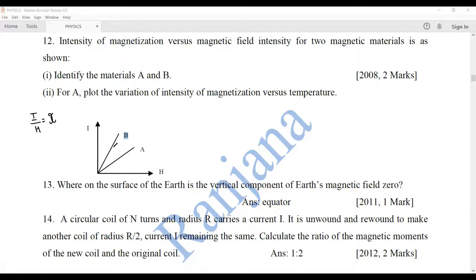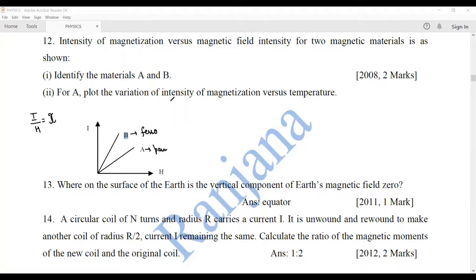Here the susceptibility is positive for both these substances, so it is not a diamagnetic material. Now the susceptibility for a paramagnetic substance is low, whereas for a ferromagnetic substance it is very high. As the slope of B is more, and the slope here gives the susceptibility, B is a ferromagnetic material, whereas A is a paramagnetic material.